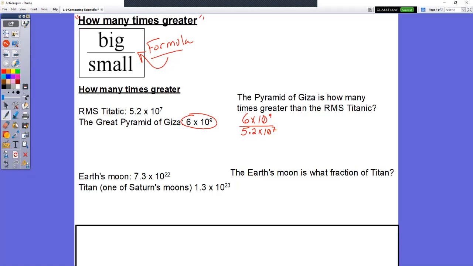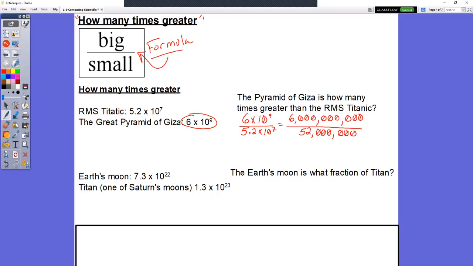If we were to convert that into standard form, it would be 6 billion divided by 52 million.